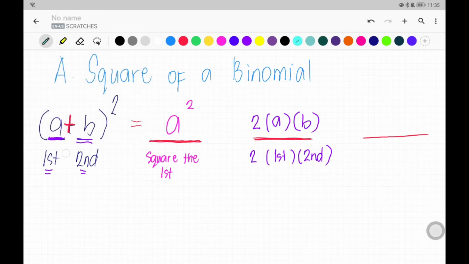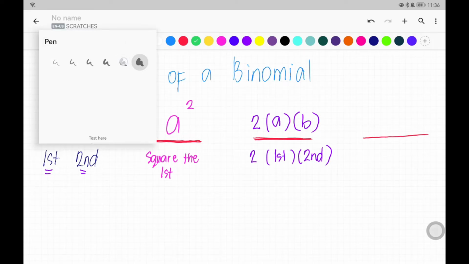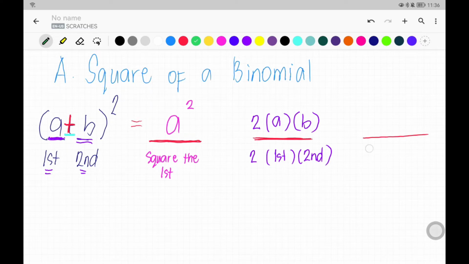Minsan nagiging negative siya, or a minus b. But the pattern is still the same. You just have to follow this step. Para maintindihan natin, hanapin natin yung sagot niyan mamaya. So, doon na tayo sa pangatlong term. Ang sabi sa atin is that we just have to square.